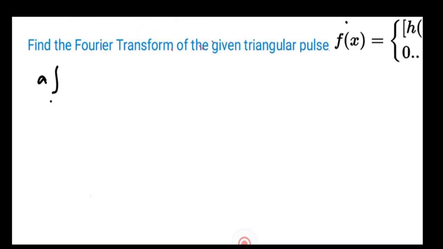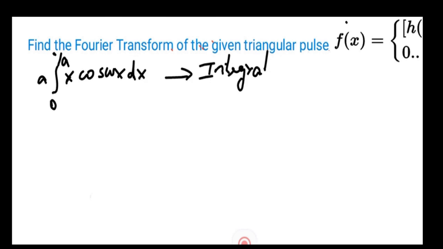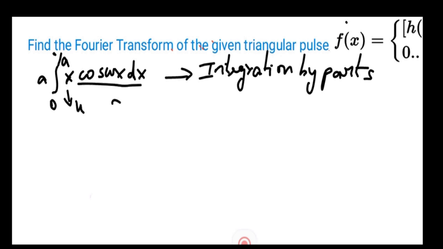Now let's solve the second integral: a times the integral of x times cosine of omega times x from 0 to 1 over a. We will use integration by parts. Let u equals x and dv equals cosine of omega times x dx. Then du equals dx and v equals sine of omega times x over omega.